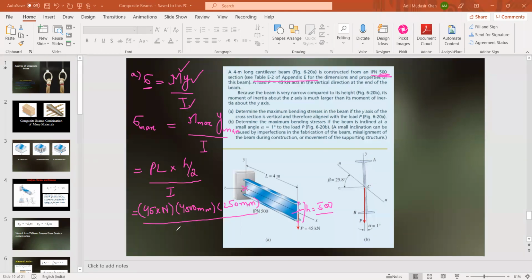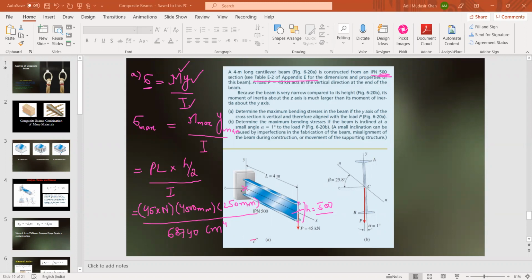So its moment of inertia is 68,740 centimeter to the power 4. You can take units based on your choice. In fact, if you are not given the data, you can calculate it.